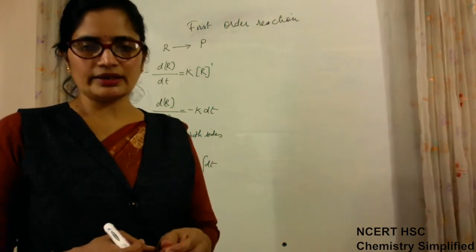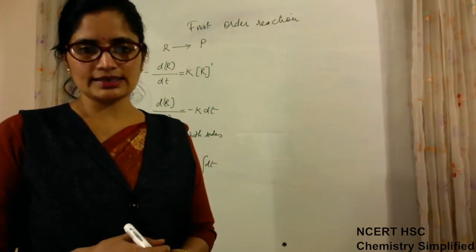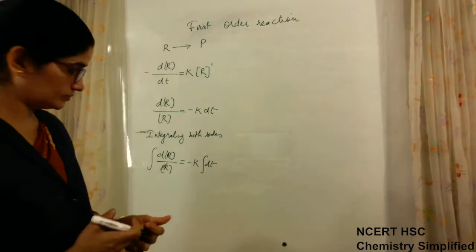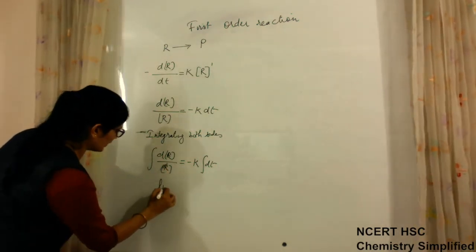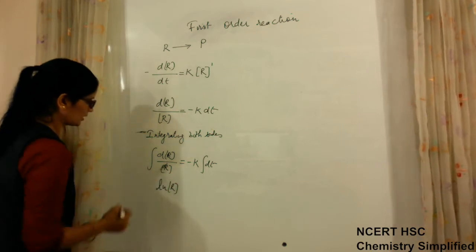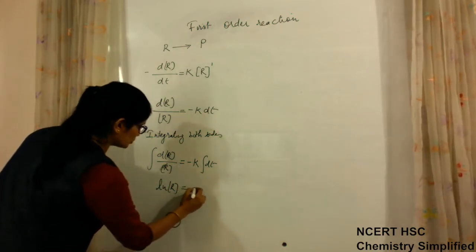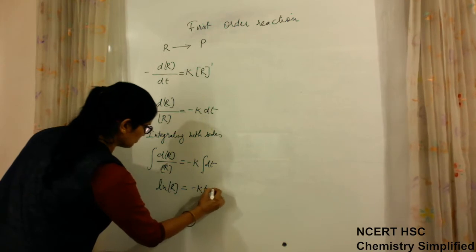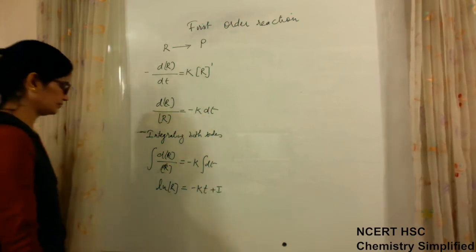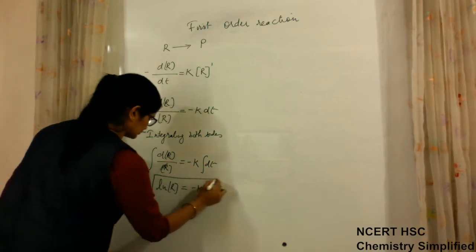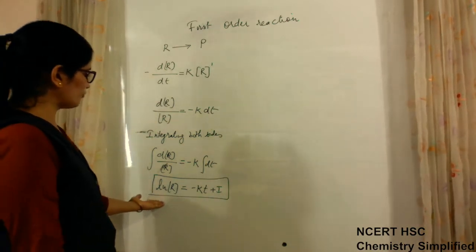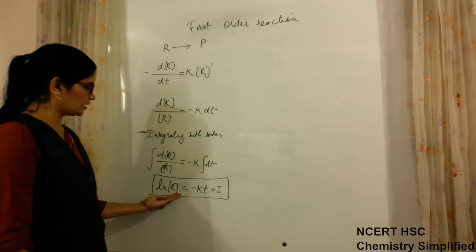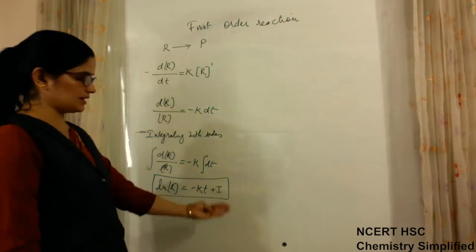Maybe you have studied integration in 12th or it is left. I'm going on. So dR by R will give you ln R according to formula is equal to minus Kt plus I. This is the basic equation which will come for a first order reaction: ln R is equal to minus Kt plus I.